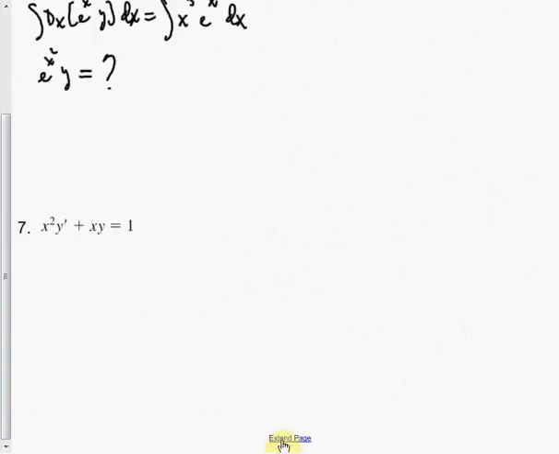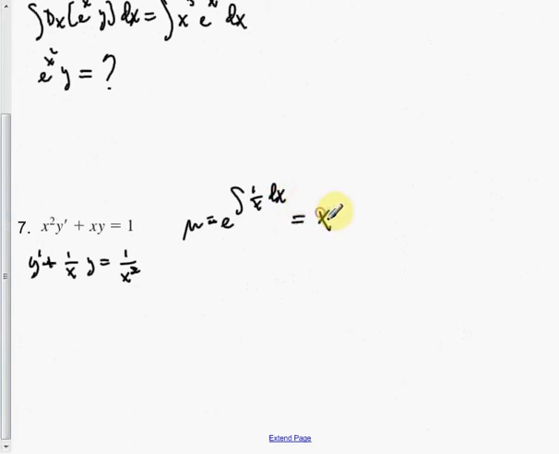All right, number 7. This is not in the form, so we write this as y prime plus, divide everything through by x squared, so we get 1 over x times y is equal to 1 over x squared. The integrating factor, mu, is e to the integral of 1 over x dx.